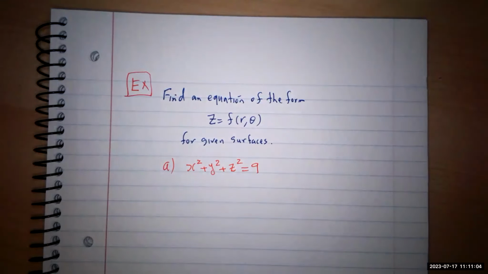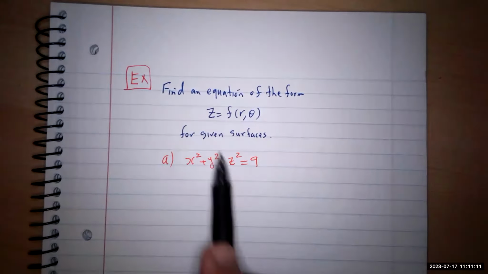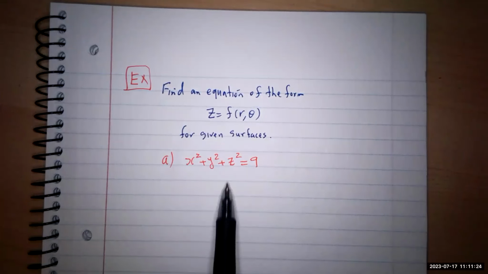If you happen to use it for integration, you may have to convert it to cylindrical coordinates. You have to solve for z to change it. The way we do it, we just substitute: you keep the z and you substitute for the x and the y.